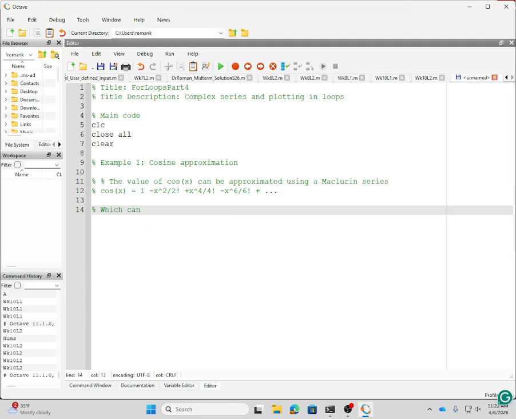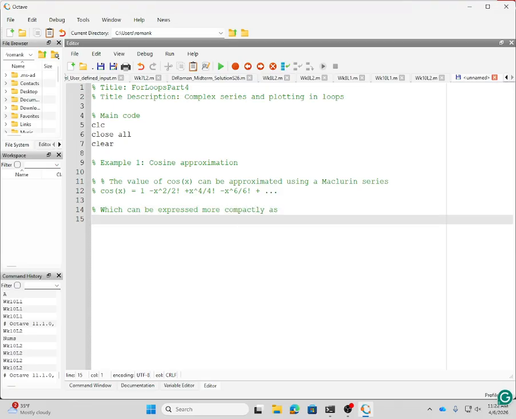So which can be expressed more compactly. So this series, right, so if the summation of k, remember I, j, k, l, m, n, those are the variables that you use to define.